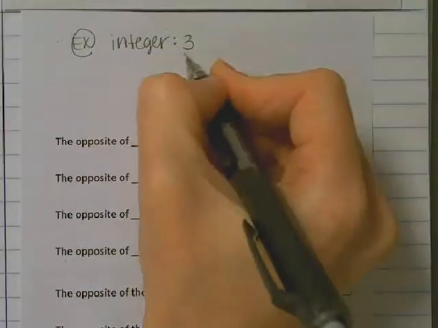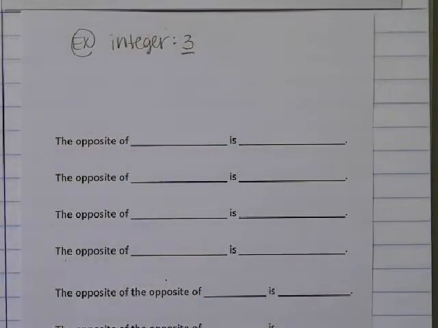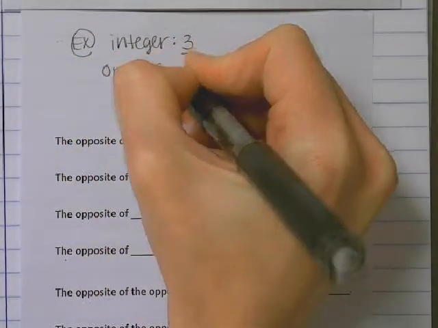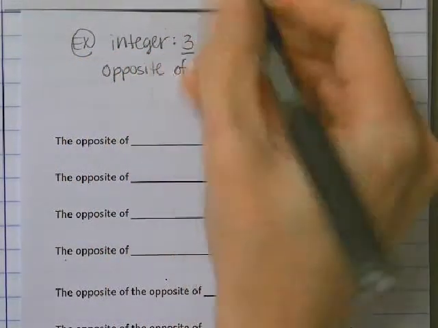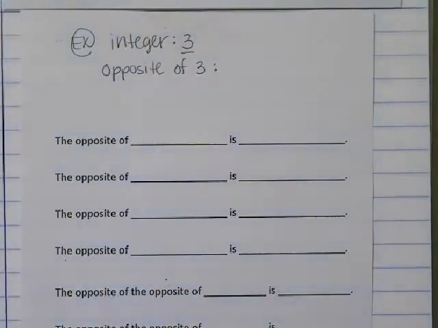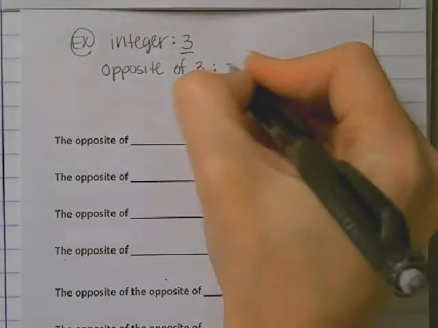Now, if I wanted to write the opposite of my integer 3, we talked about 3 would be 3 units to the right of 0. So what would be 3 units to the left? -3. Yeah, we'd have that -3. So we can say that the opposite is -3.